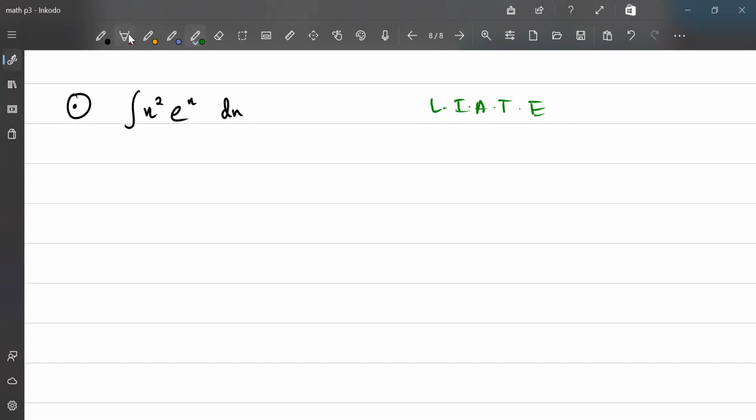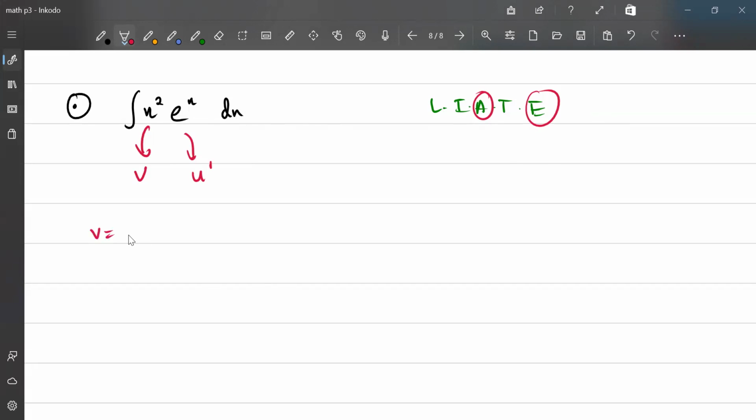Now this is an algebraic function, so it would be v, and this is an exponential function, so it would be u dash. The first term appearing in the Lie order is v, and the second term appearing is u dash.